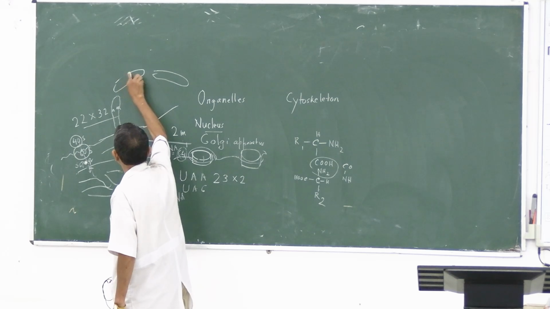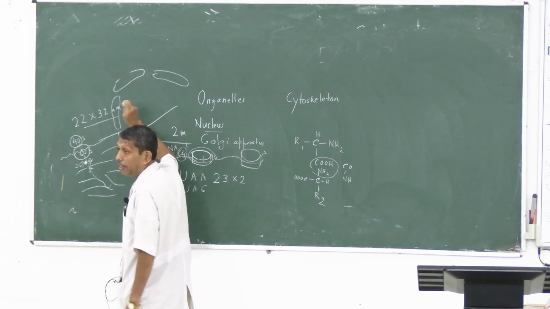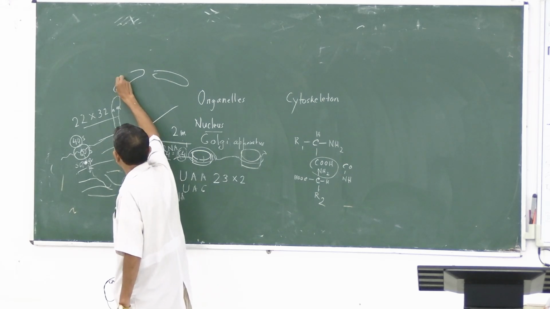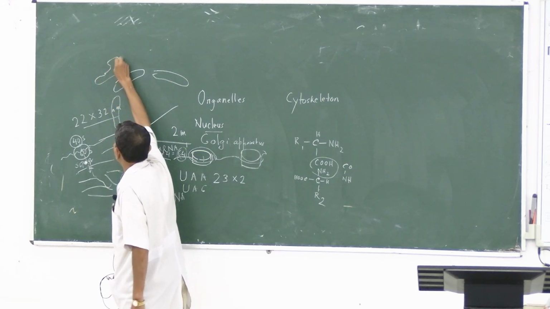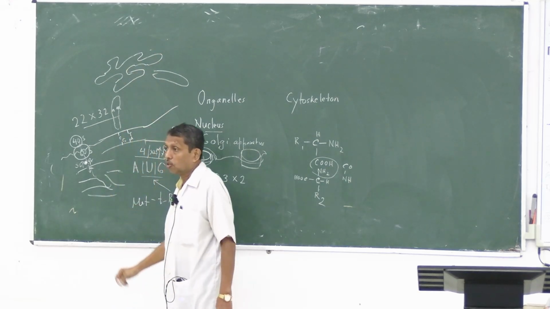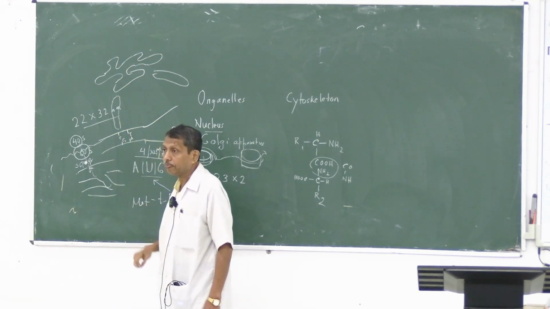So this is a double membrane, and there are nuclear pores, and it is called the perinuclear cistern, and it is connected with the rough surface endoplasmic reticulum. So there is continuation between them.